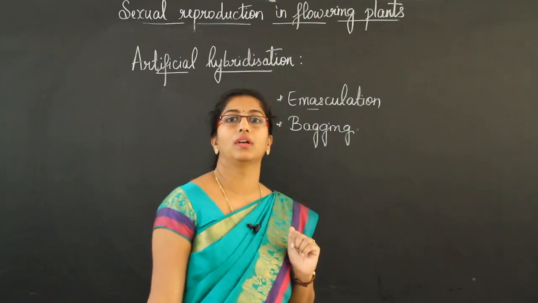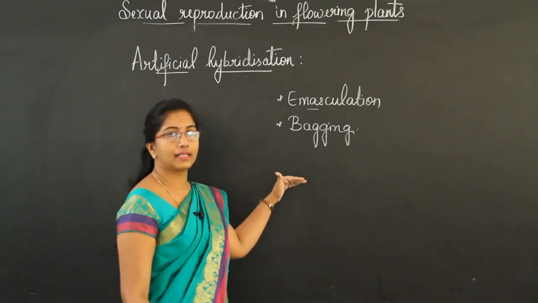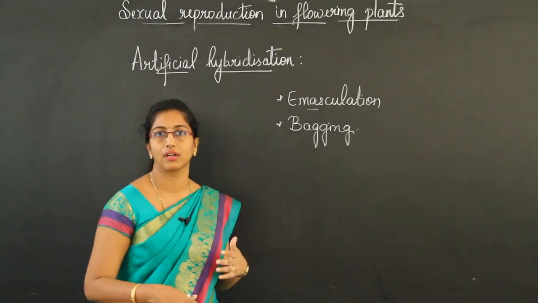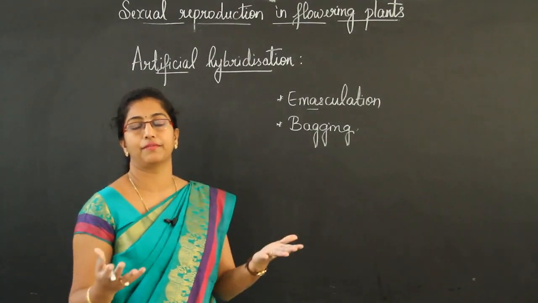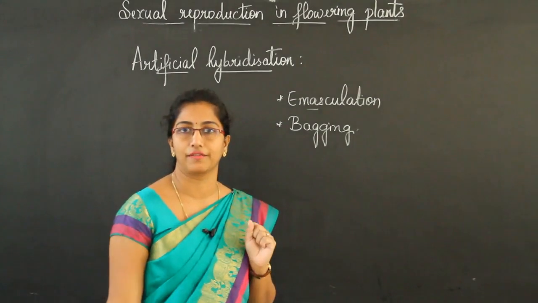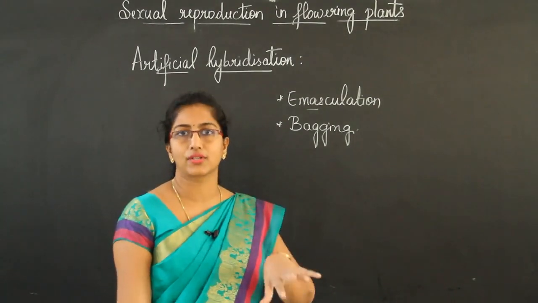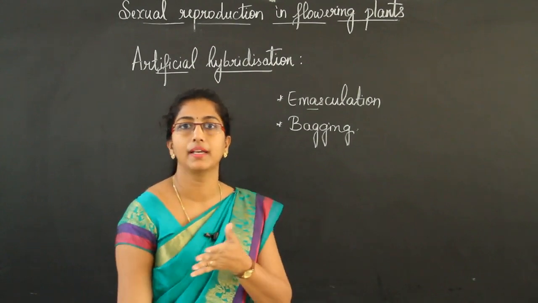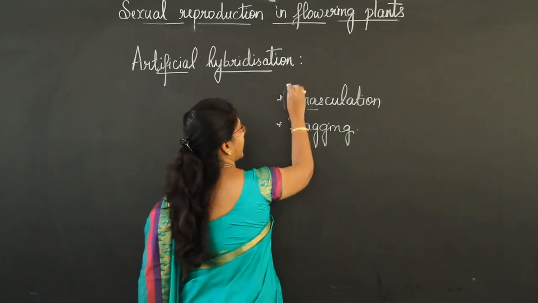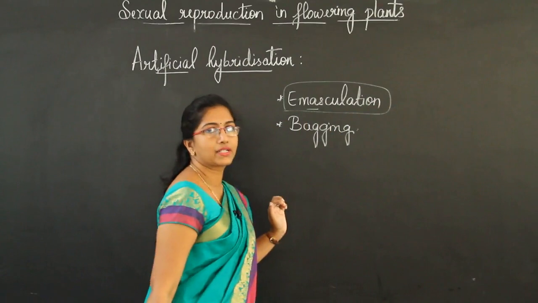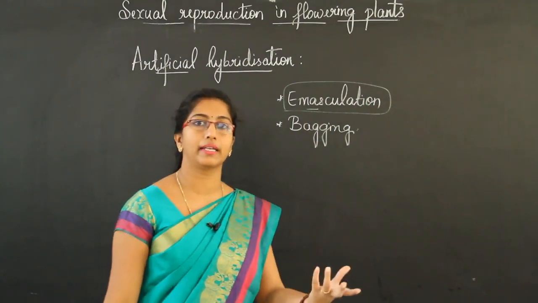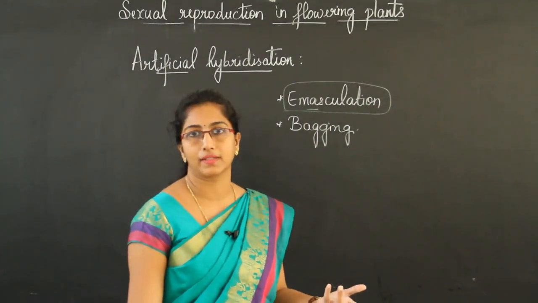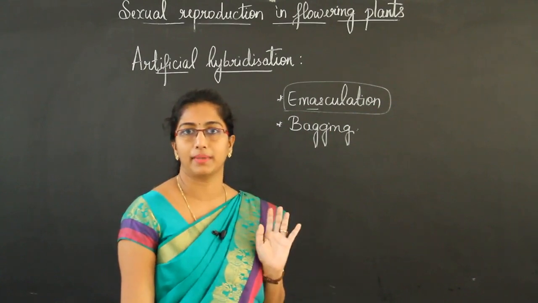This is the case if it is a bisexual plant, that is, if the plant produces a bisexual flower. If it is a unisexual plant, where the male plant is separate and the female plant is separate, emasculation is not required because the flower already has only one reproductive structure, either male or female.